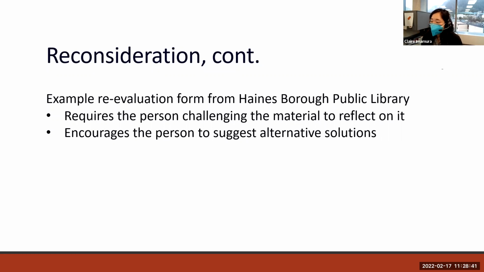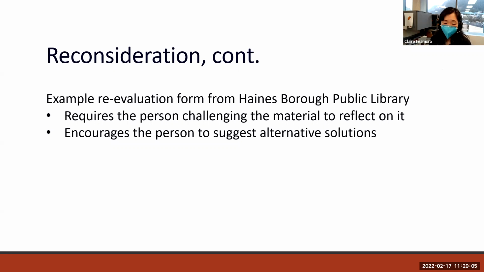So in that way, a reconsideration form could possibly help bring the temperature of the interaction down if the challenger is responsible in completing this form.